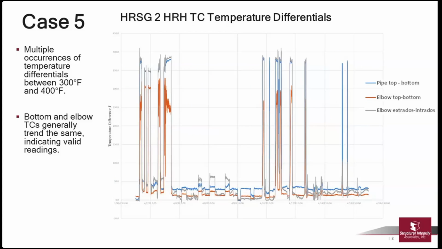Your temperature differences top to bottom on the pipe, intrados to extrados, and top to bottom on the elbow are all consistent. So it's not a question of 1 or 2 bad thermocouples; you wouldn't expect that everything lines up together. And this is concerning, to see this large a temperature difference and to see it continually happening.